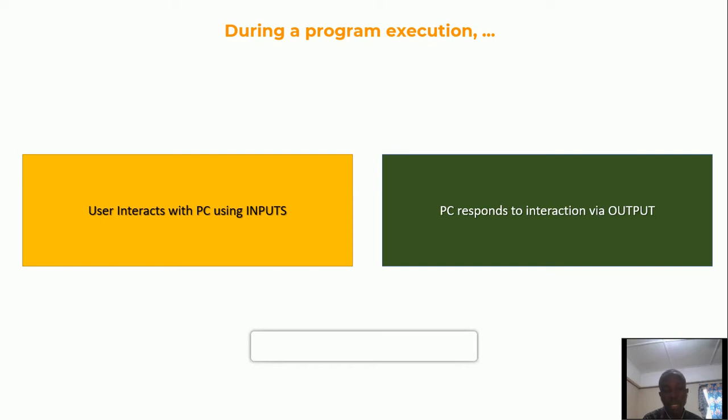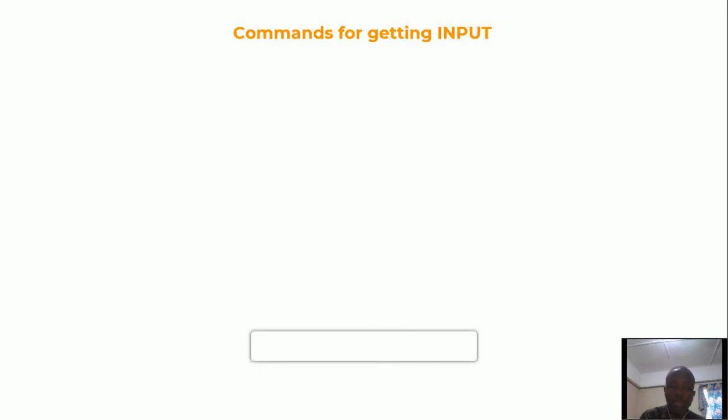Now, when a user is interacting with a computer, he responds to questions that the computer is asking him by using the input devices. If I say, what is your name? The first thing you will do is enter it by using the keyboard. What you will give me, I refer to it as an input. And then what you see in order to now give me something is called the output.